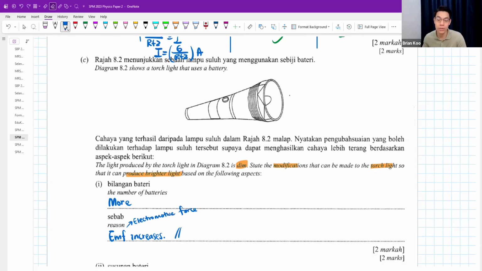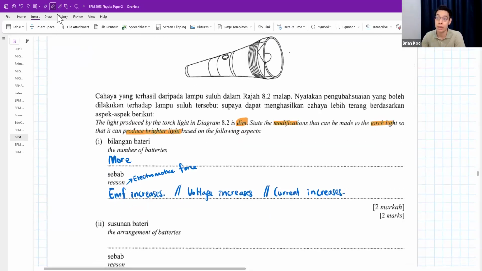But e.m.f increases also means voltage increases. If the total supplied by your battery is higher, then you have more voltage to your bulb also. Or you can add that the current increases also can. Okay. Arrangement of batteries.